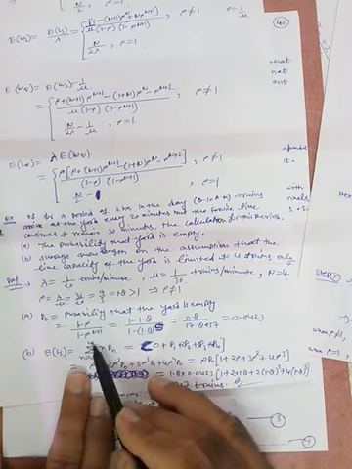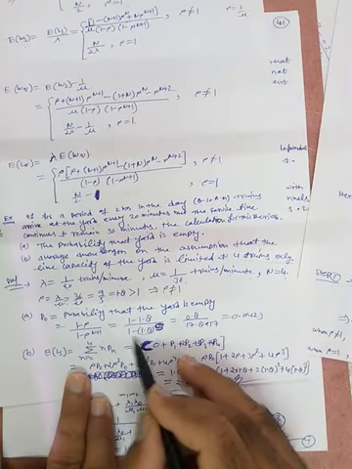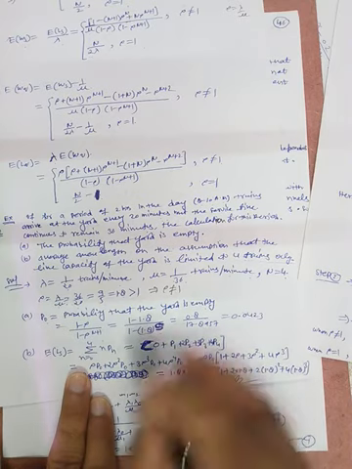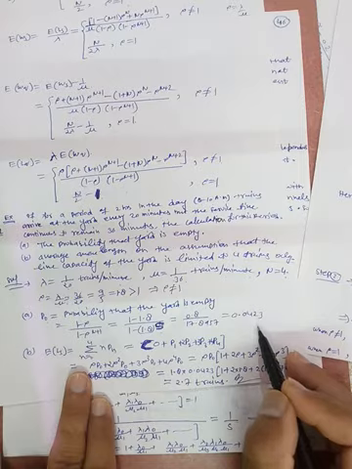So substitute it here: 1 minus 1.8 divided by 1 minus 1.8 raised to the power 5. After simplification we get this. So this is the probability that the yard is empty.